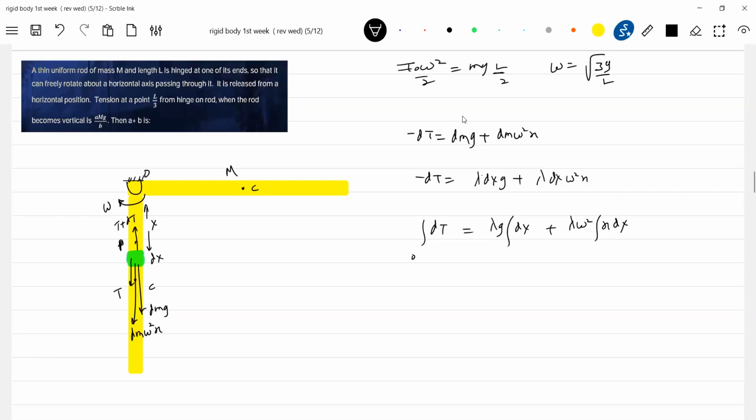Tension at x equal to L will be 0, so be careful. It is asking the tension at x, let T be the tension. This is x equal to L, this is x equal to 0.